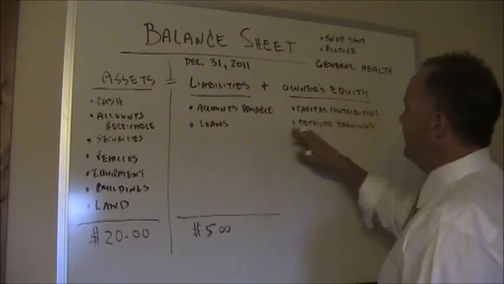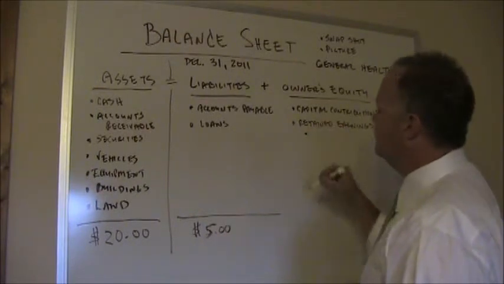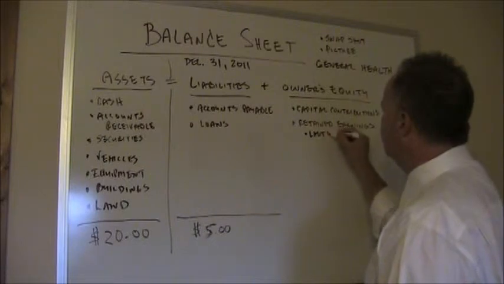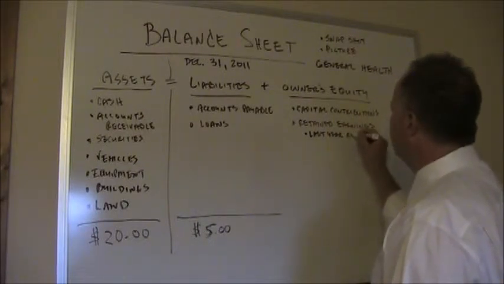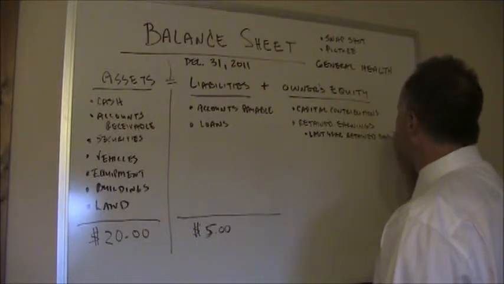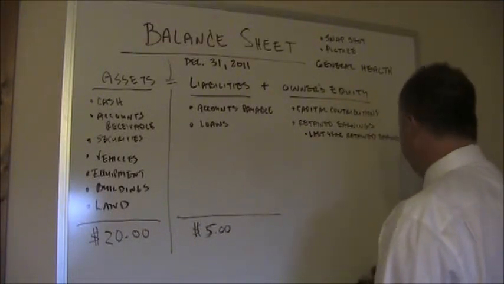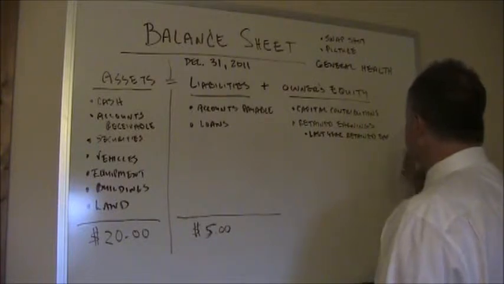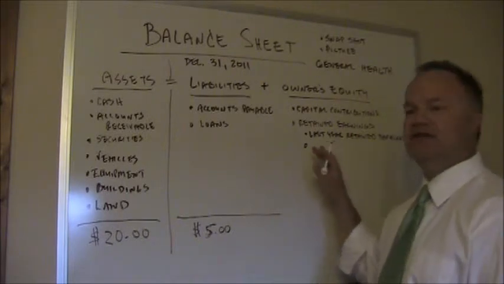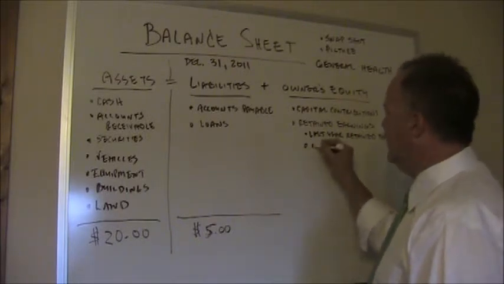So our retained earnings are made up of last year's retained earnings, plus our entire profit and loss statement fits right here.